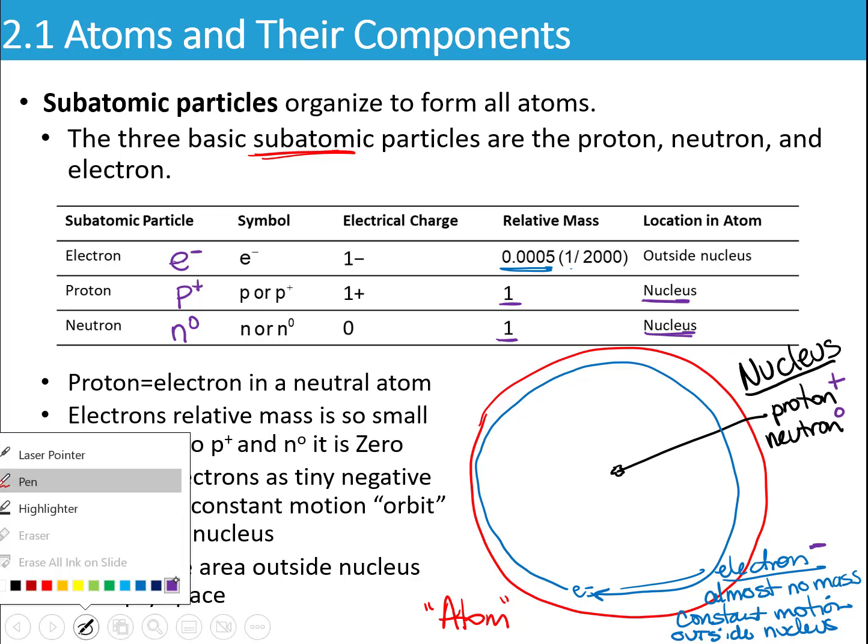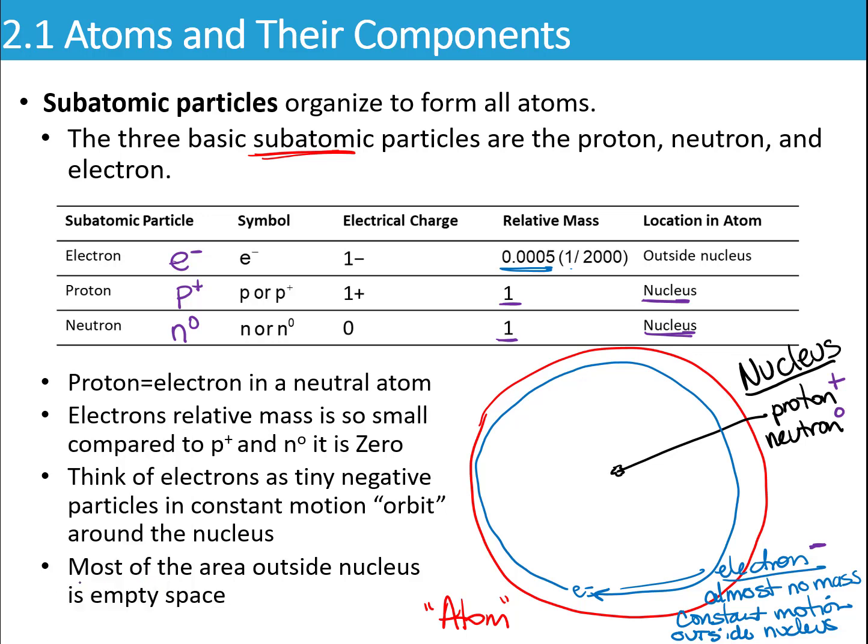All right, last time we just started talking about chapter 1 and introduced the idea that there are subatomic particles in an atom: protons, neutrons, and electrons. They differ by size, they differ by location, and they differ by charge. So you should be able to identify the size, location, and charge for each of them.